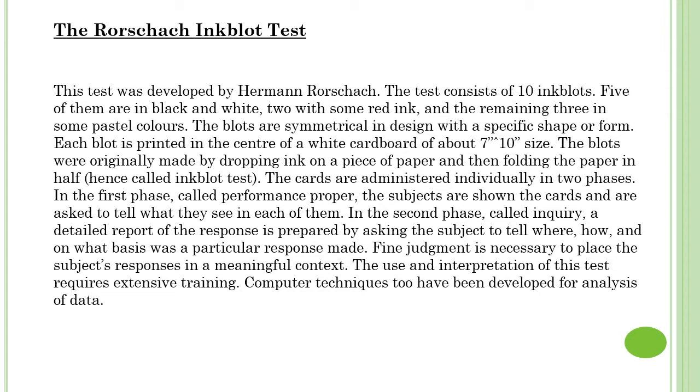The blots are symmetrical in design with a specific shape or form, and each blot is printed in the center of a white cardboard of about 7 by 10 inches. The blots were originally made by dropping ink on a piece of paper and then folding the paper in half. Therefore, it got the name inkblot test.